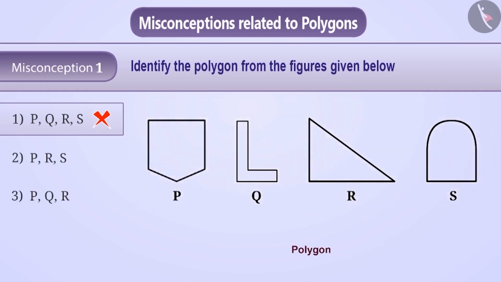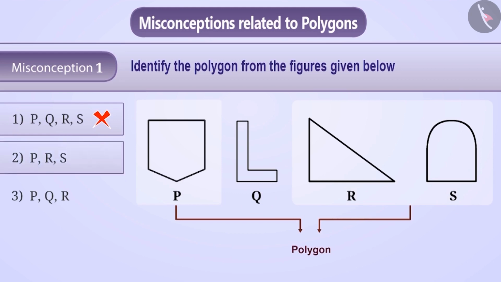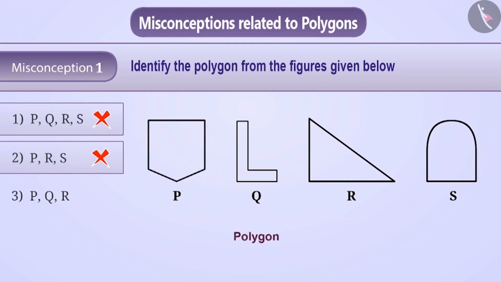Some students think that only large shapes or figures can be polygons. Since figure Q appears smaller, that is why they don't consider this as a polygon. They consider P, R and S as polygons and give answer as option 2, which is the wrong answer. Correct understanding is that a polygon is a closed figure made of line segments.